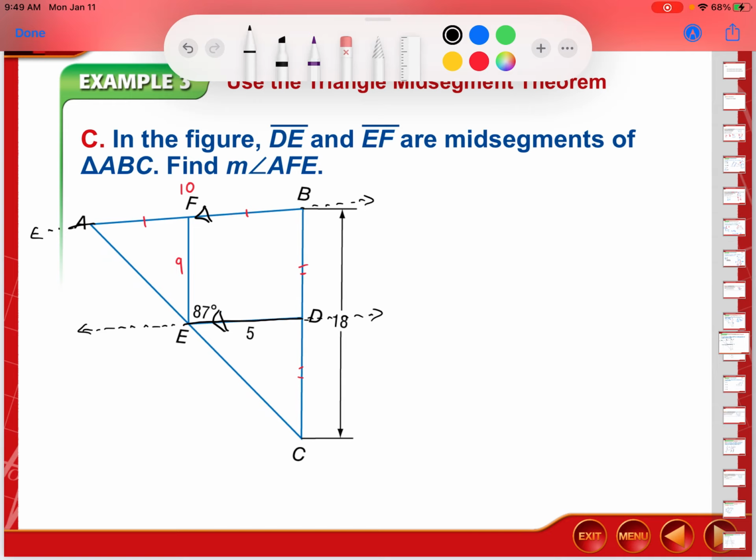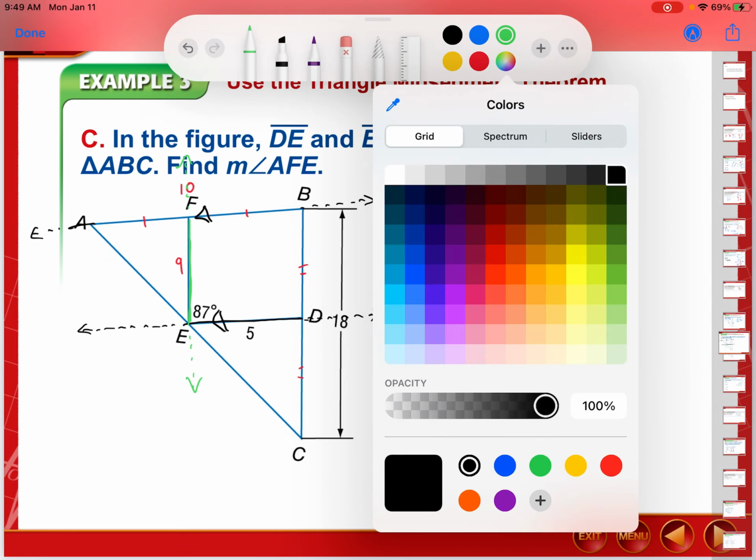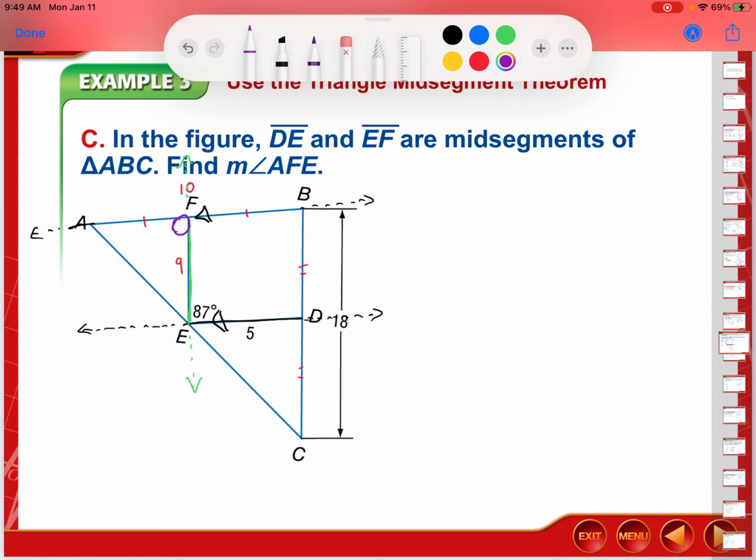So if we have 2 parallel lines that are cut by this transversal, once again, I'm just extending it so we can see it better. So we have 2 lines cut by a transversal, and we're trying to find AFE. So we're trying to find this angle right here.